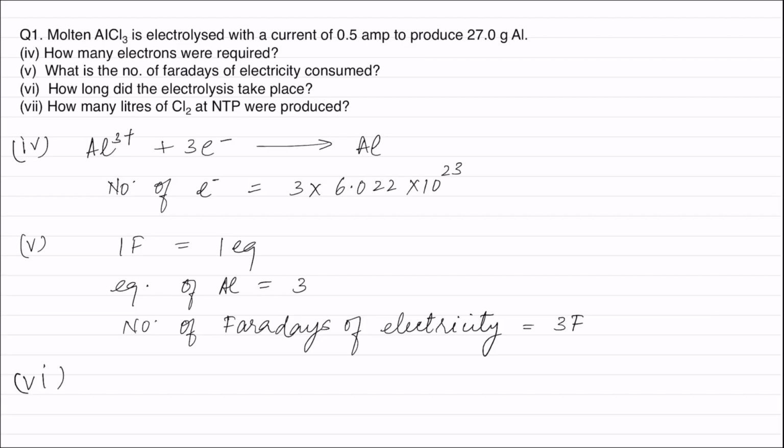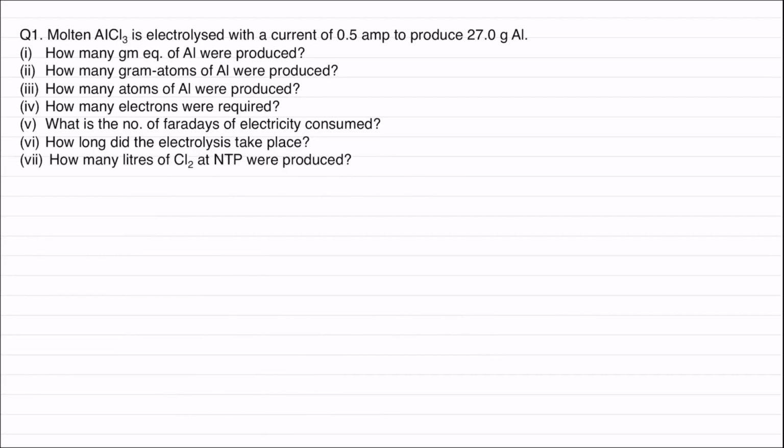Sixth part of the question, how long did the electrolysis take place? The number of Faradays of electricity consumed in this electrolysis is 3 Faradays, and 1 Faraday is equal to 96500 coulombs. Therefore, 3 Faradays will be equal to 3 into 96500 coulombs. And as we know, Q is equal to IT, where Q is the charge, I is the current, T is the time.